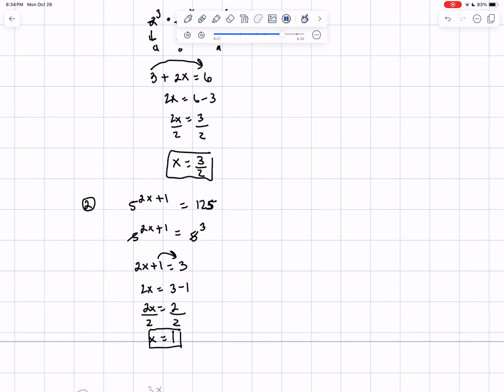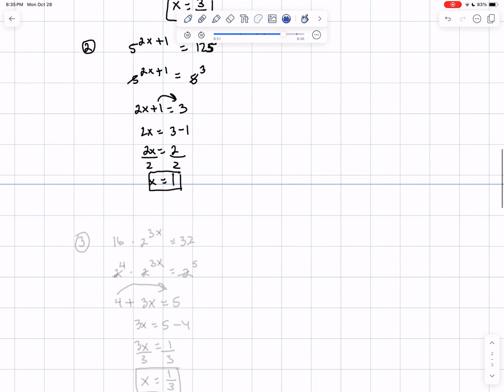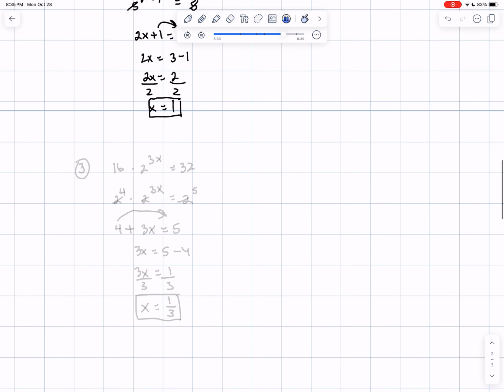Easy. So let's see if we can do another one similar to the last one where we have to change all of the numbers. Let's do one more.